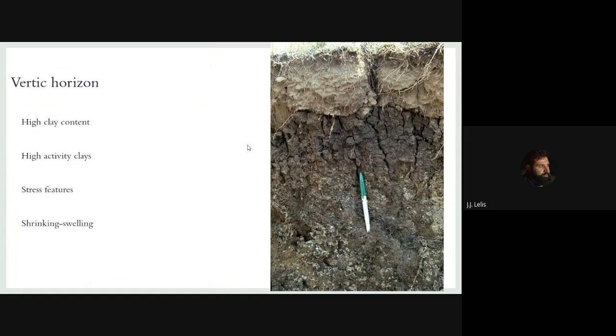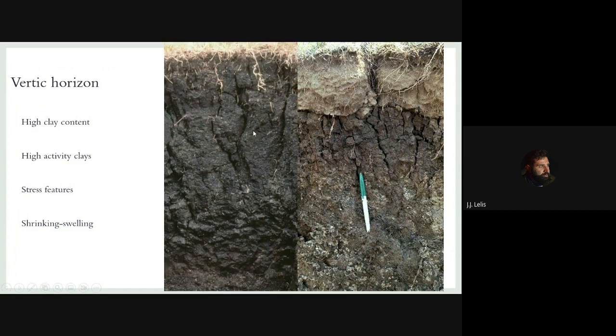In the dry season, when the soil gets dry, they start to produce vertical cracks like this one, which we can easily see. That's related to the decrease of volume of these materials because they are losing water.